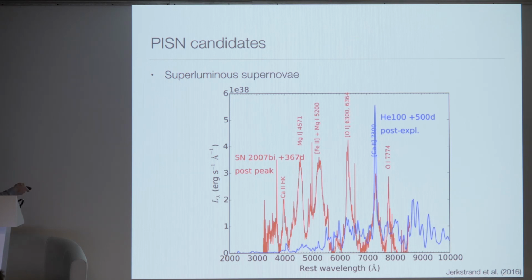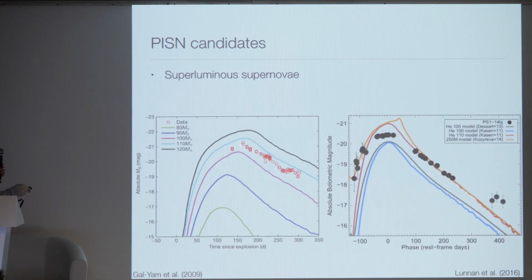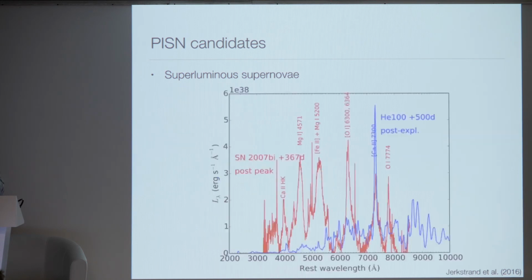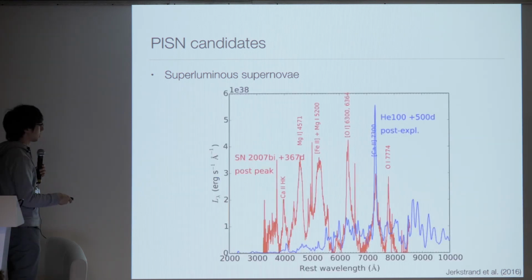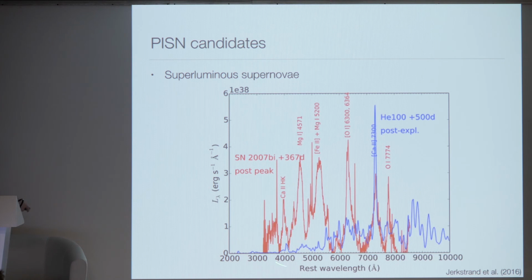So they are comparing at relatively the same time. And what we see is that the observed spectrum is much bluer than what the theory predicts. What's happening is that because of this huge explosion, a huge amount of nickel is made. This nickel will decay to cobalt and then eventually to iron. And iron has a lot of absorption in this bluer part of the optical wavelengths.